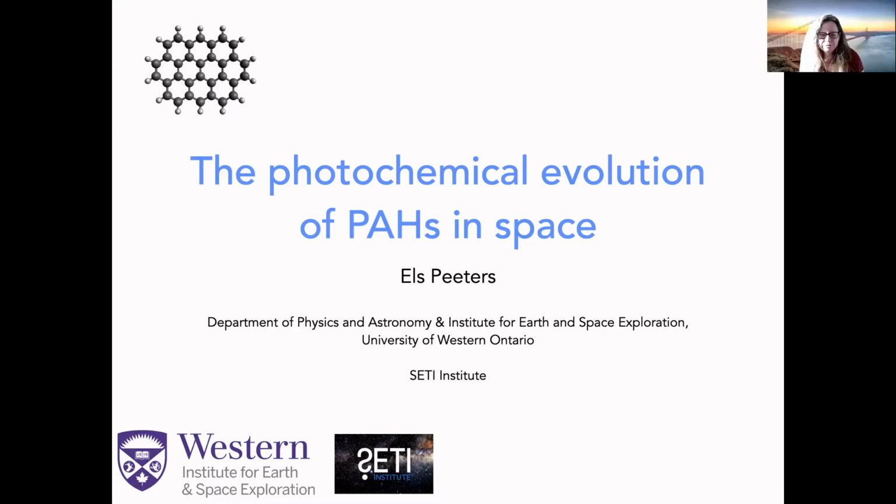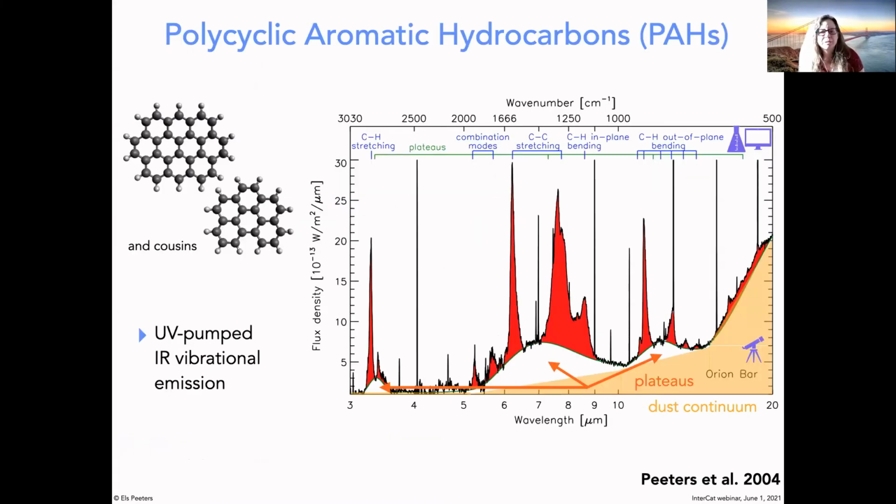Okay, so as was said already, I will give you a little bit of a perspective of what we know from observations of PAHs in space. And so you're probably all aware of what PAHs are, polycyclic aromatic hydrocarbons.